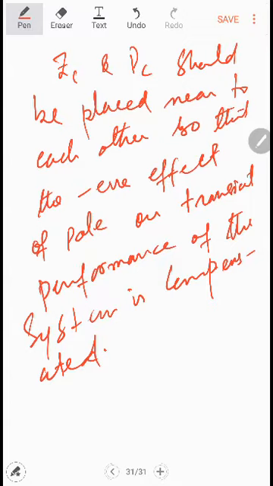Let us consider an example where the system transient response is balanced, but we are going to improve the steady state error.